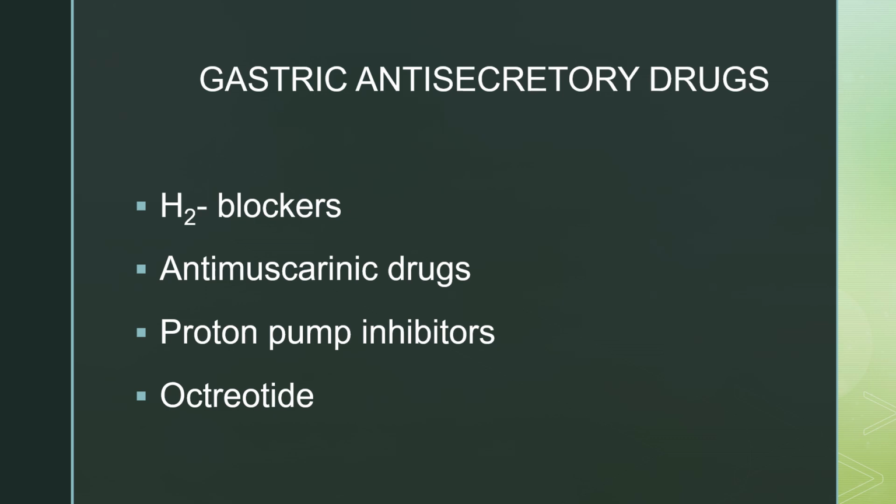Okay. So let us now proceed to the agents that are anti-secretory. These are the gastric anti-secretory drugs, namely your H2 blockers, antimuscarinic drugs, your proton pump inhibitors, and your octreotide. So, what is octreotide?